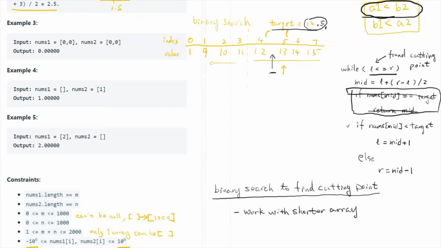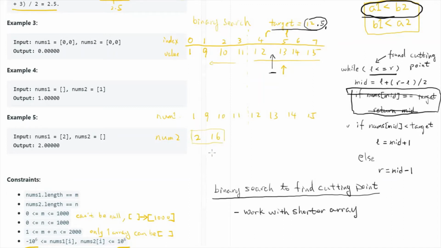The reason for this is that if we work with the longer array, for example, our num1 is 1, 9, 10, 11, 12, 13, 14, 15, and our num2 is 2, 16, when we make a cut in num1, because num2 is too short, it could be possible that the cutting point we calculate for num2 is outside of this boundary.